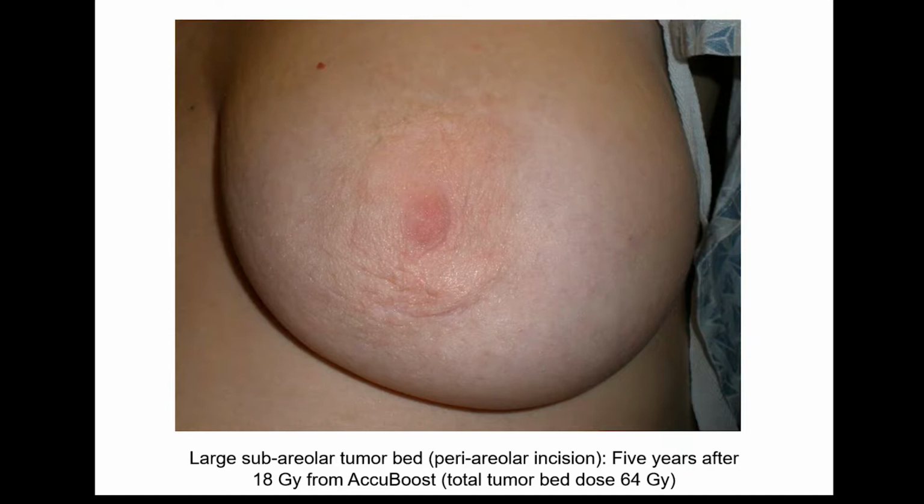I often say that if there's no other reason to get AccuBoost, it is for these circumstances for subareolar location. Really, the results are just fantastic. Next slide.